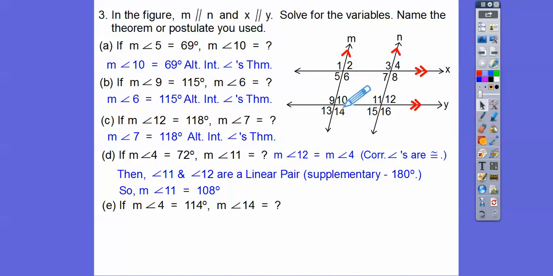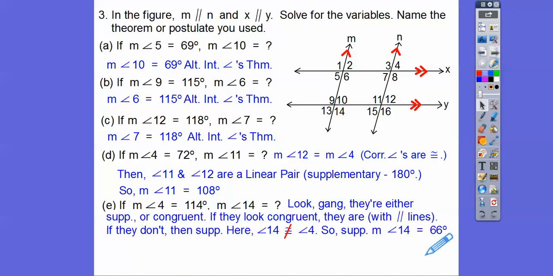So they can't be congruent, so they must be supplementary. So the supplement of 114, we just take that away from the 180 and we get 66. So I know they're not congruent, so they must be the other one, the supplementary. And that's the trick. If you got parallel lines, then angles are either congruent or supplementary. They add up to 180.